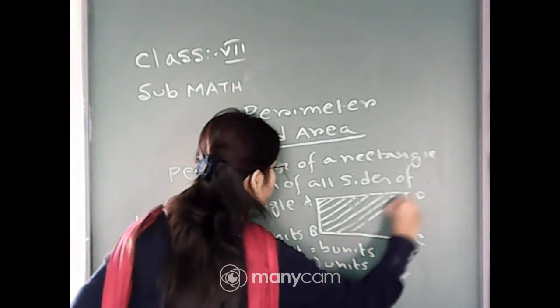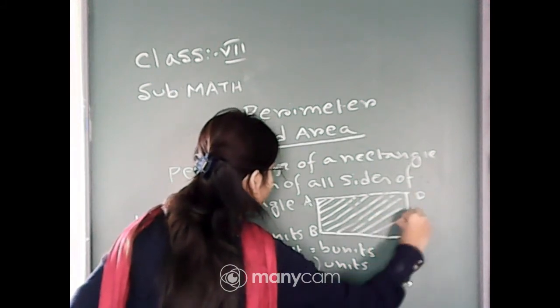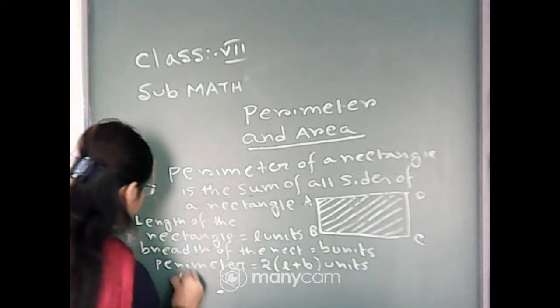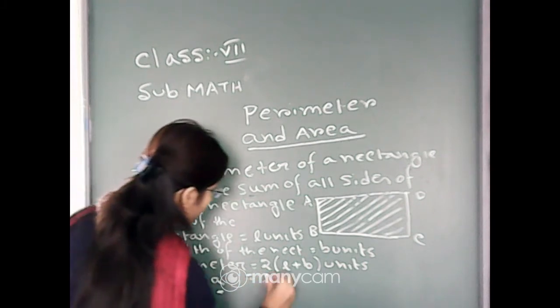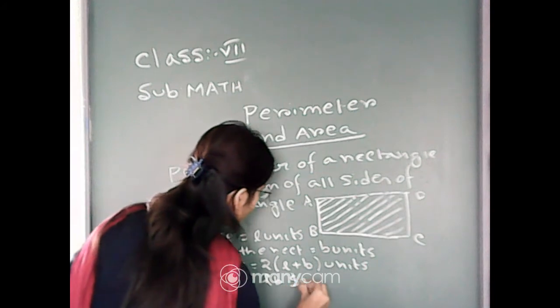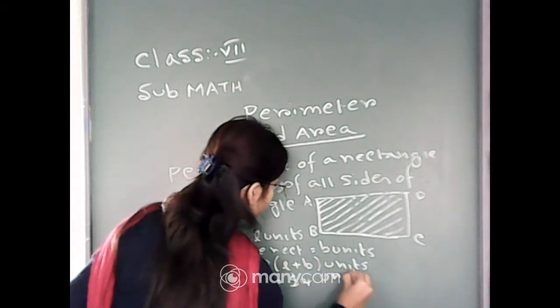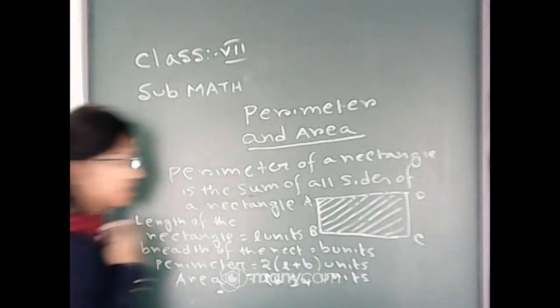The area of the rectangle is equal to LB square units. Clear?